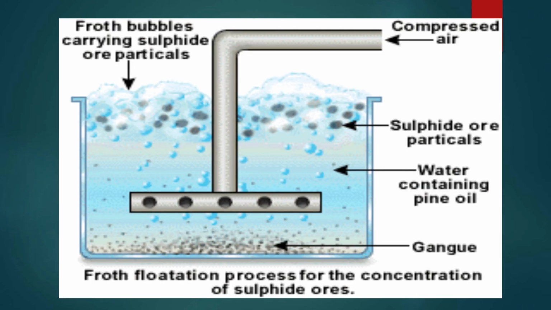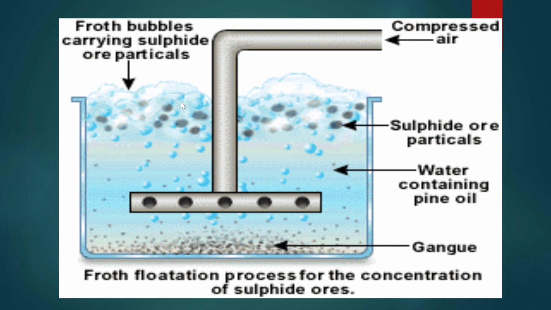You are blowing air through this pipe, and when you allow compressed air through this, it produces froth. These froth bubbles carry the sulfide ore particles.